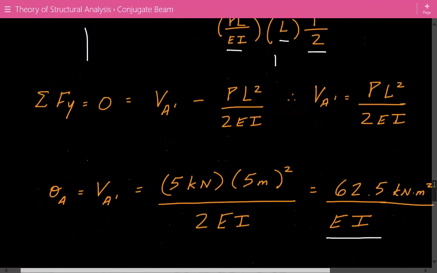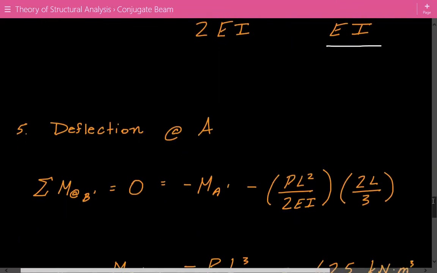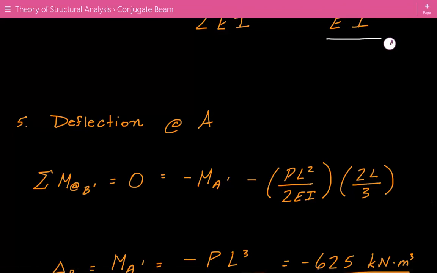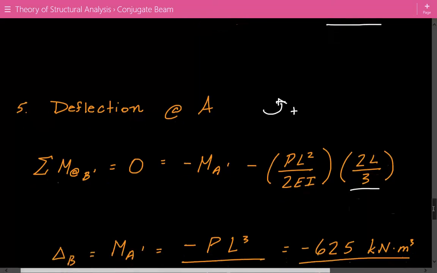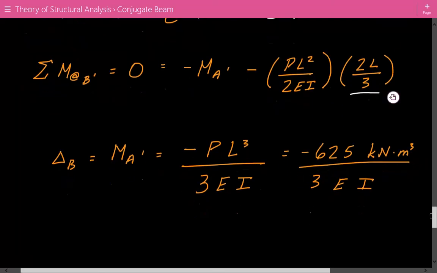Again, using statics, we find an expression. It's negative moment, and counterclockwise is positive. So negative conjugate bending moment at A minus PL squared over 2EI times the moment arm of 2L over 3.